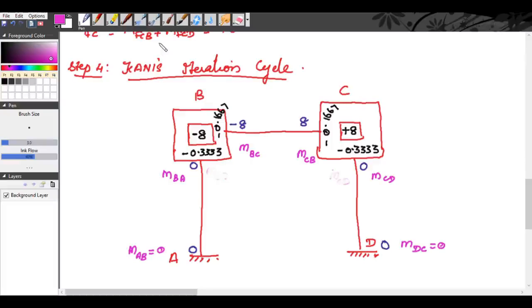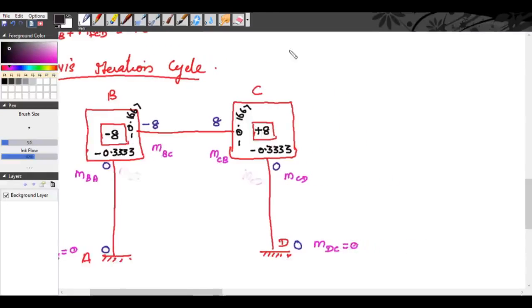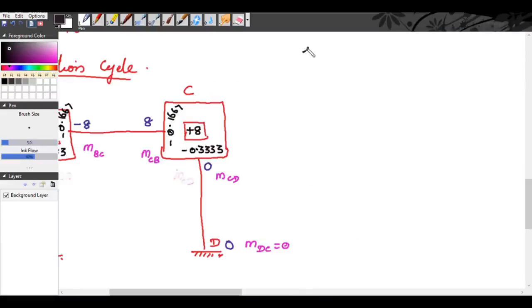Now, we will move on to the iteration step, that is rotational contributions. We will find the rotational contributions. So we will write it as step 5. Step 5, we will go for rotational contributions.